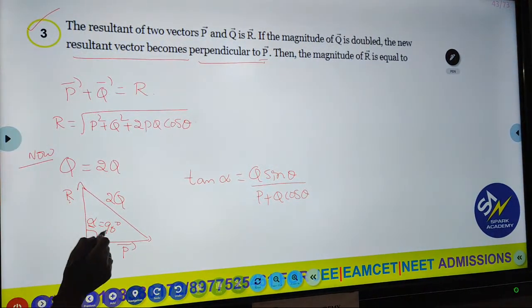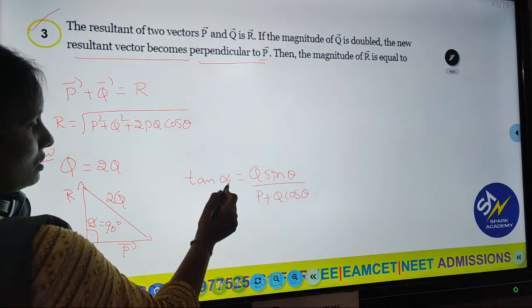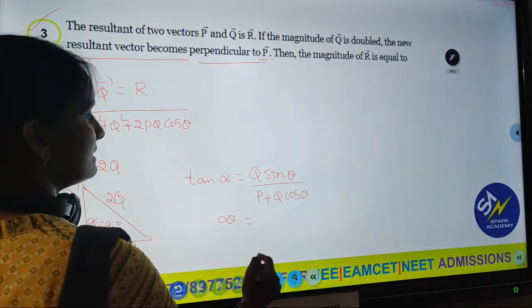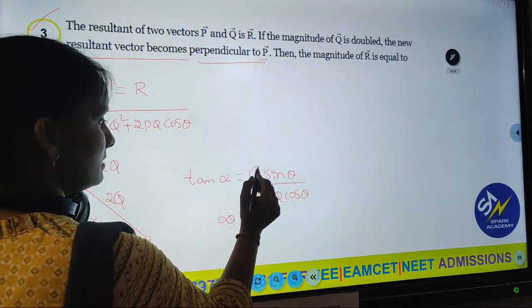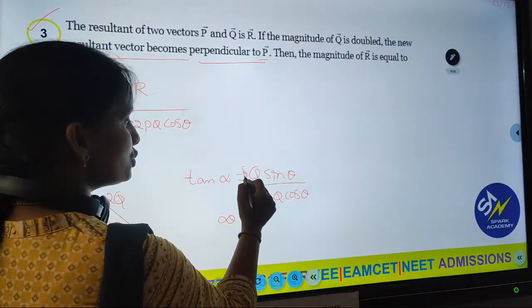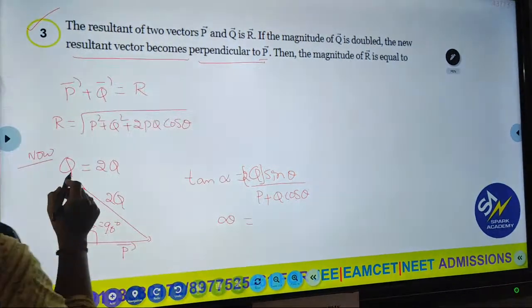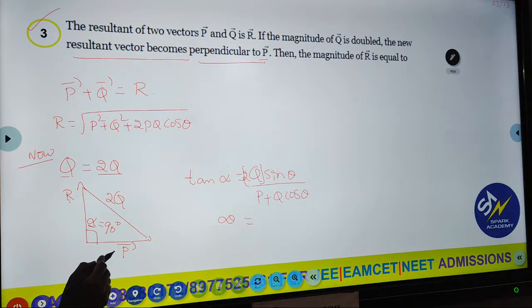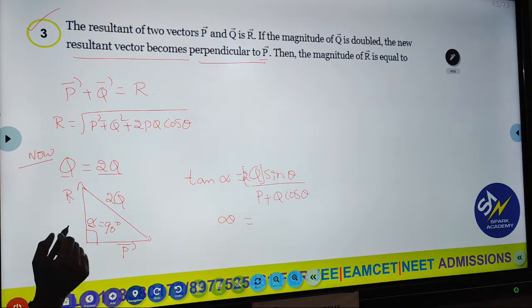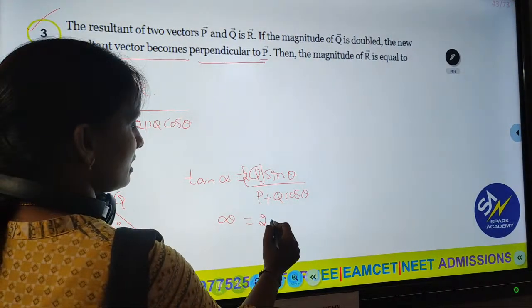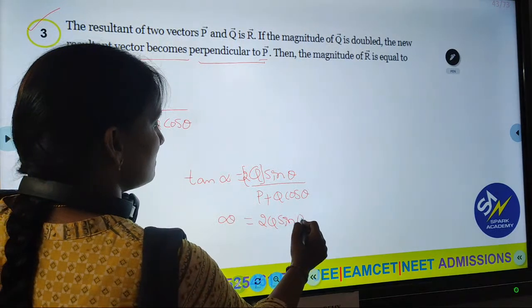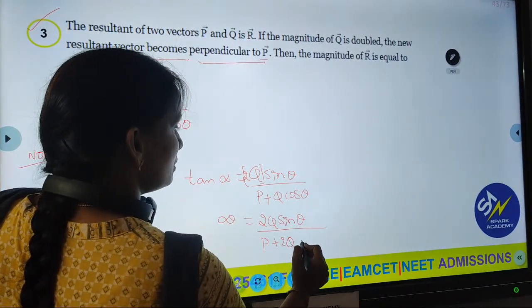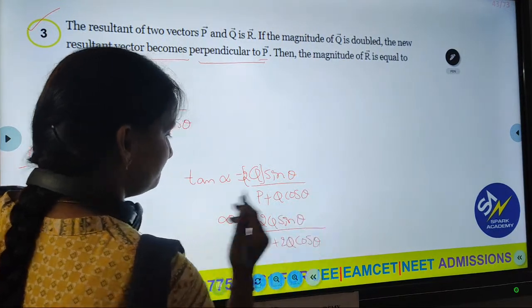So here alpha is 90 degrees, so tan 90 value is infinite, and here Q value is 2Q. When Q is double the initial value, the resultant is perpendicular to the initial vector. So we take 2Q sin theta by P plus 2Q cos theta.